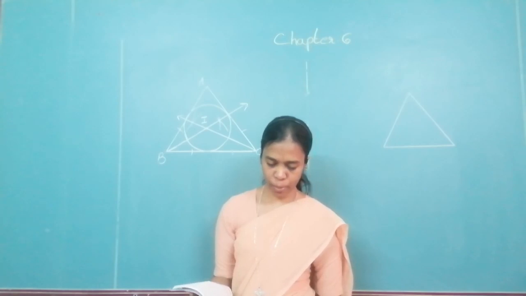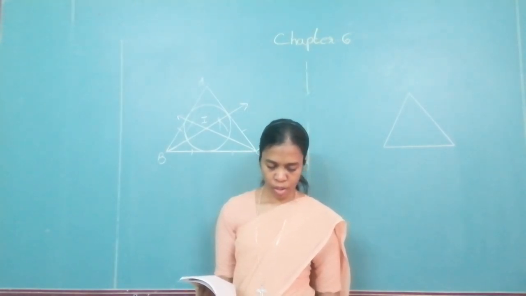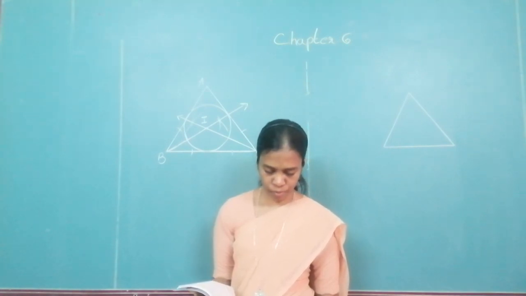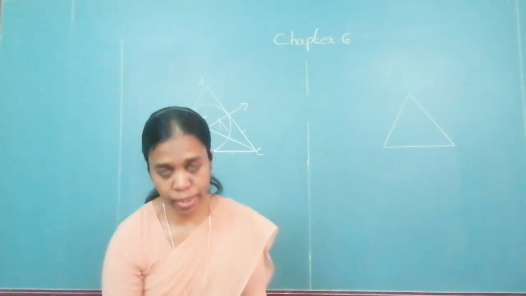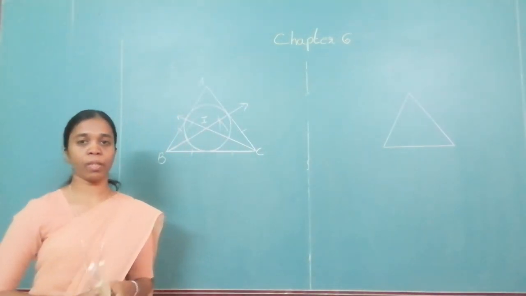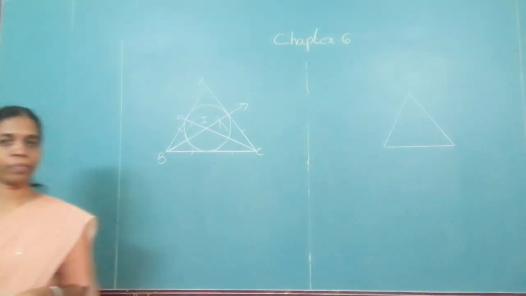In practice set 6.3, you have question number 1 and question number 3, and these are for incircle. So practice that. Pause the video over here, practice that, then only you go for the next part of it.